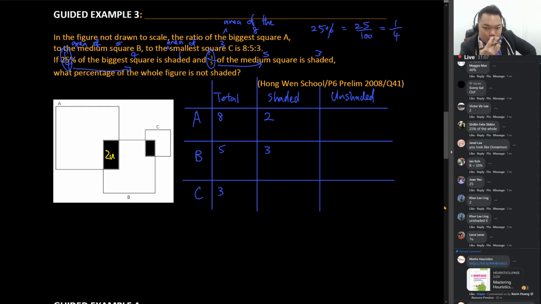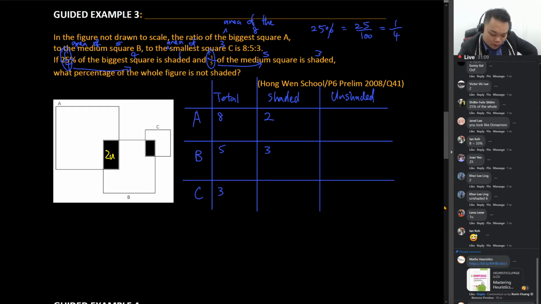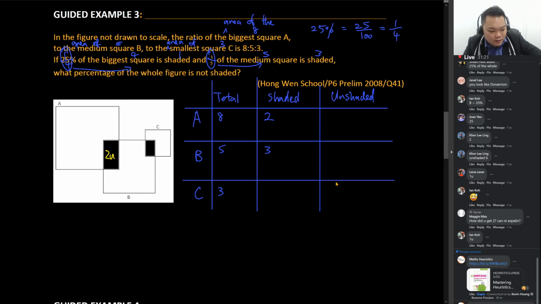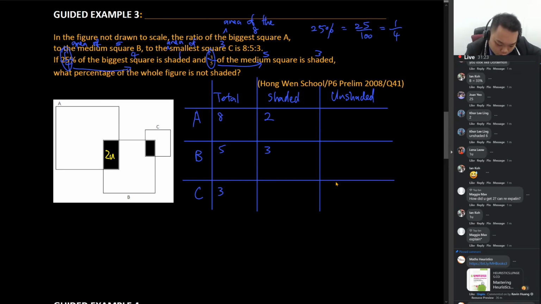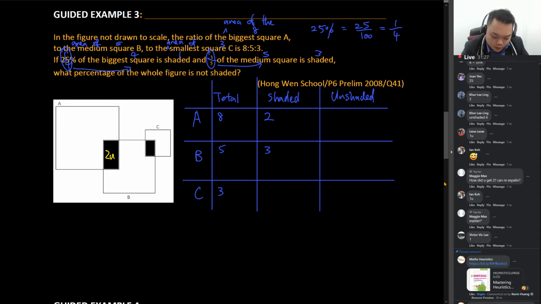Can you infer what C's shaded portion has to be over here? Okay, Lina Liao, you got it? Alright. Yeah, it has to be 1 unit because if the total here adds up to 3 units, then the last remaining portion will be 1 unit over here.